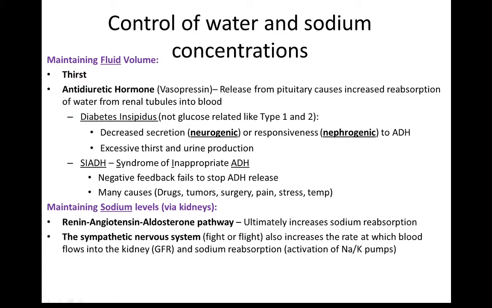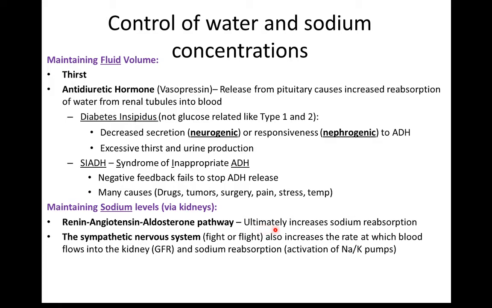And we talked about the way water is controlled, again, by ADH, but also there is a process of controlling sodium. So if we can control sodium via the kidneys, then we can also control water and water retention. So we're going to talk a lot in this class about the renin-angiotensin-aldosterone pathway.